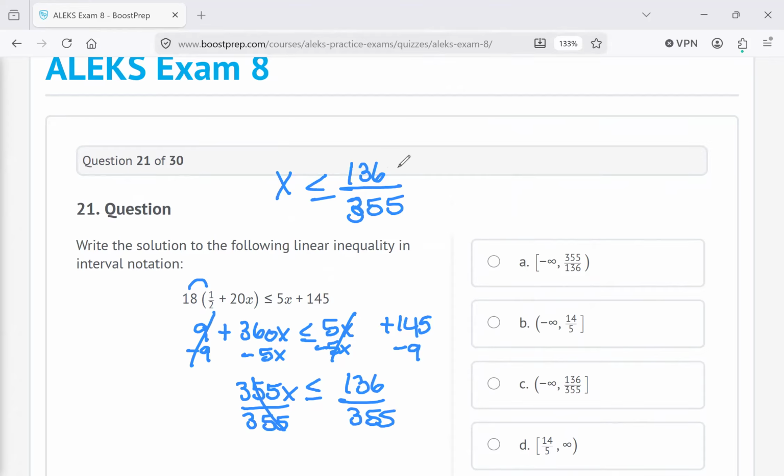Because this is less than, it's going to be from negative infinity to 136 over 355. And then I'm going to use a bracket because it has an equal. Letter C.